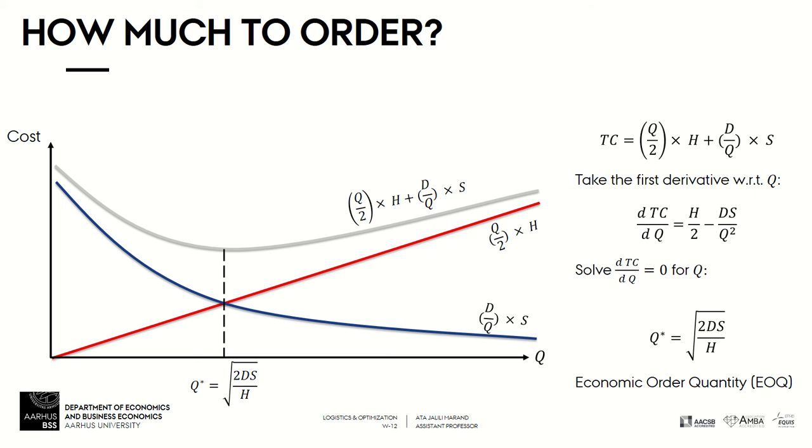And the point is that at this economic order quantity, the 2 cost terms, the inventory holding cost and ordering cost, are equal to each other. I mean the quantity at which these 2 curves cross each other is exactly the Q at which the total cost reaches its minimum.